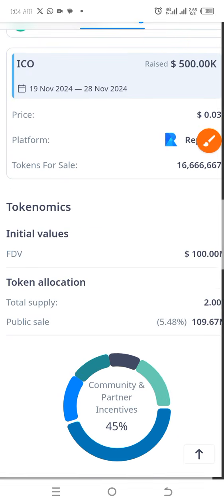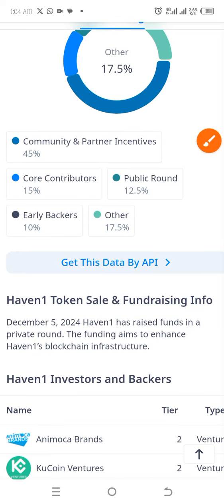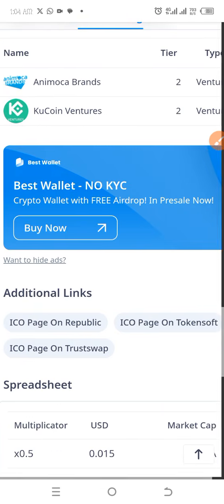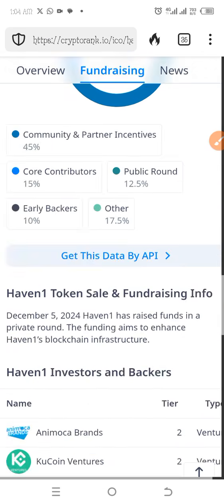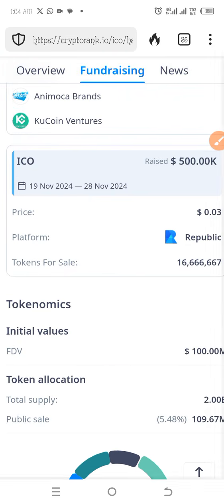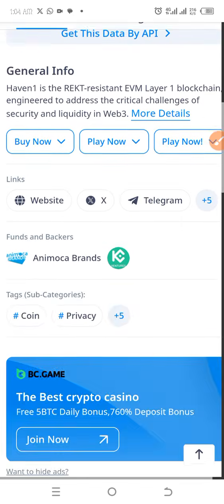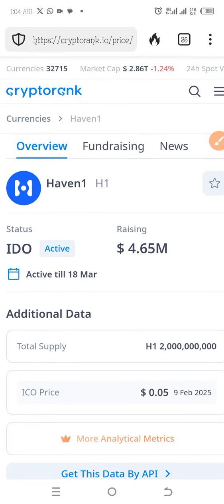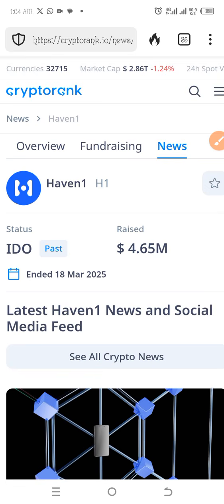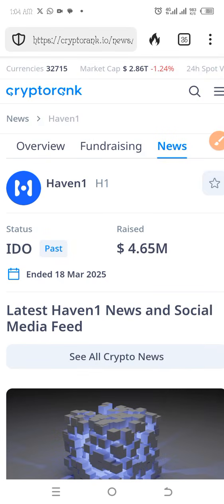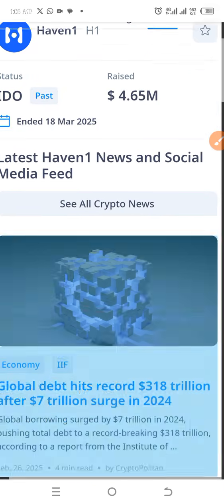So this is just the information you need to know about the coin before you participate. You can also go to the overview and view more information about it. This is actually a game changer, and you can make yourself a living by participating in this IDO launch pool and others.